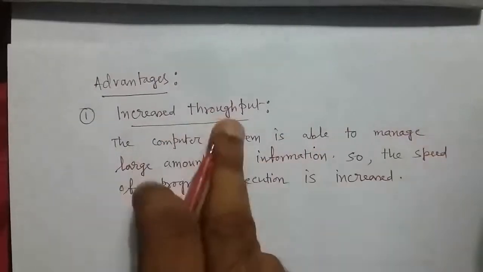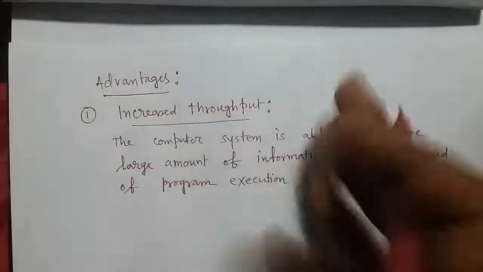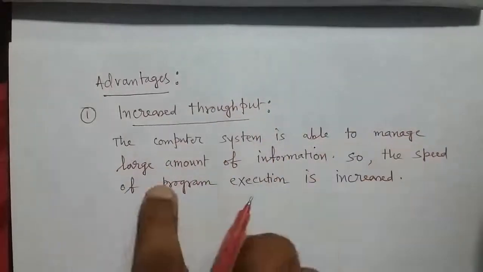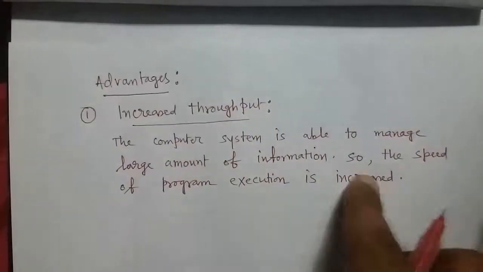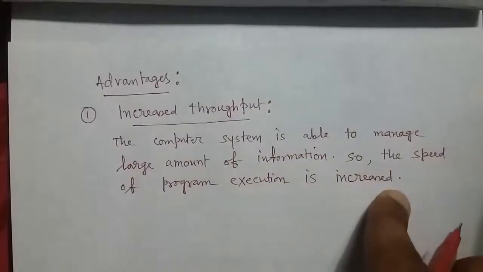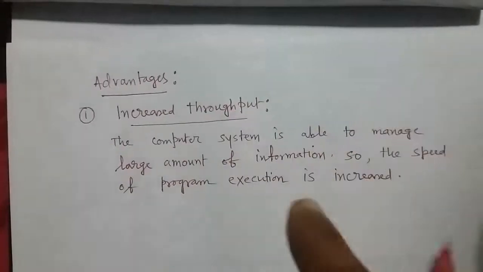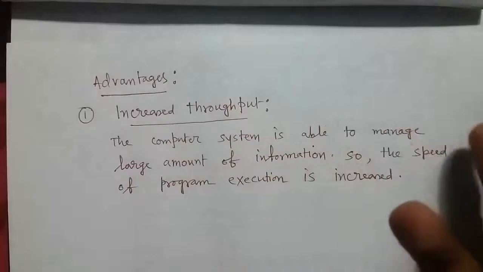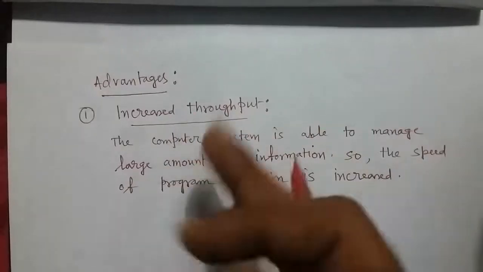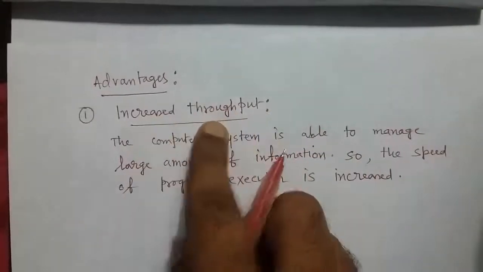So here in multiprocessing there are multiple CPUs. That's why the computer system is able to manage a large amount of information. So the speed of the program execution will be increased as there are multiple CPUs. So in unit time, multiple jobs can be executed simultaneously. Okay, that's why throughput is increased.